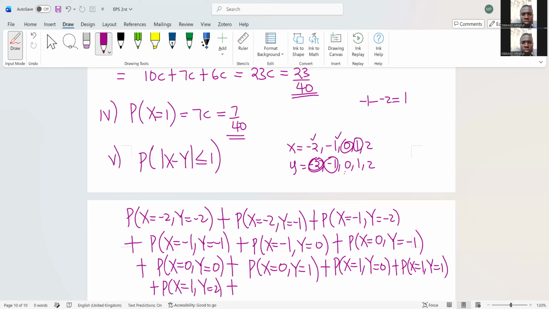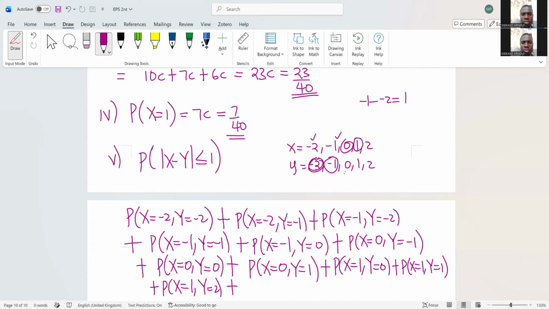Then I go to x equals 2. X equals 2 and -2, when you subtract, that doesn't satisfy. Then 2 and -1 does not satisfy. 2 and 0 does not satisfy. 2 and 1 should satisfy.